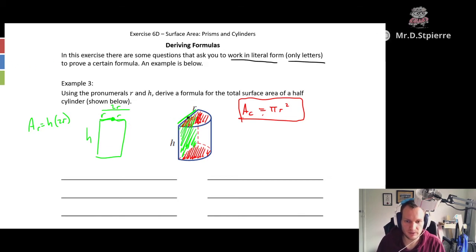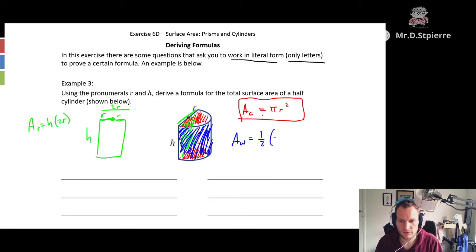And then the last thing we have is the wrap that goes all the way around. So we have our area of our wrap now. Again, it's only half a wrap. So we have half, and the formula for a wrap was 2 pi RH.